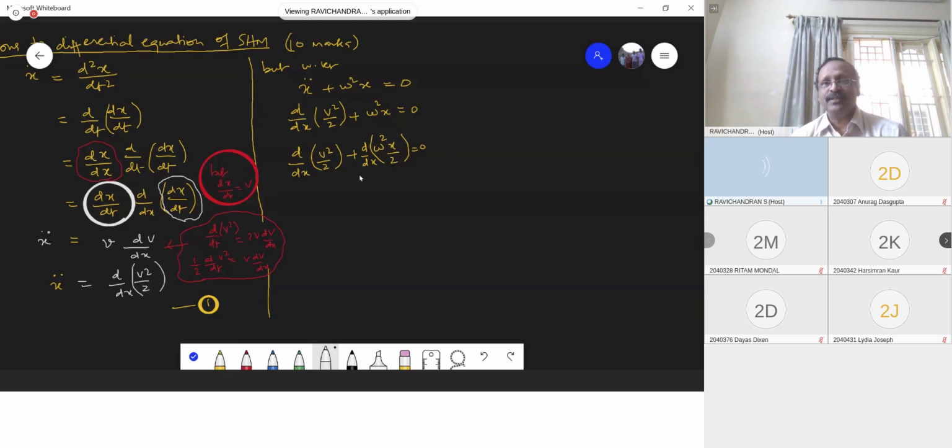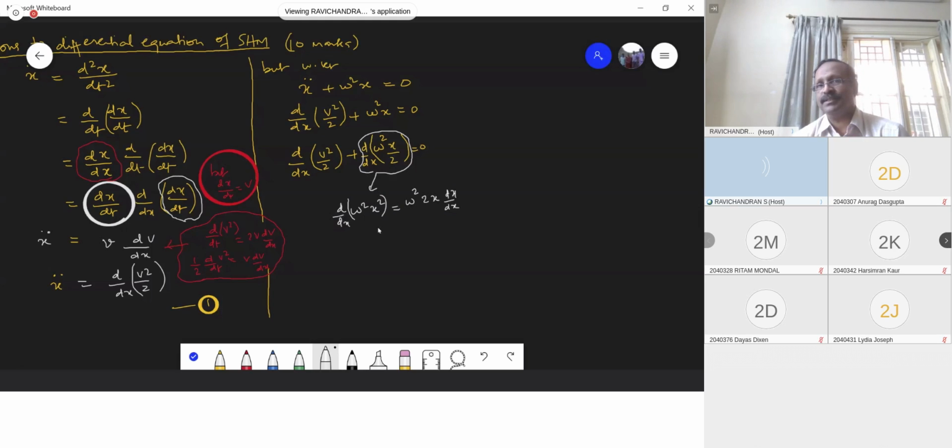What I've done here in this part, look at this part, you take it separately and see omega square x square. If I want to differentiate with respect to x, what I get here, omega is a constant, so omega square is a constant. x square will become 2x into dx by dx.